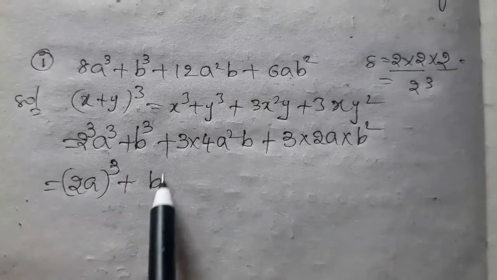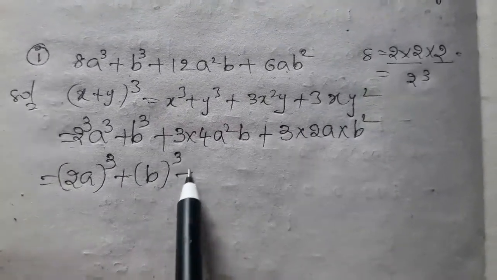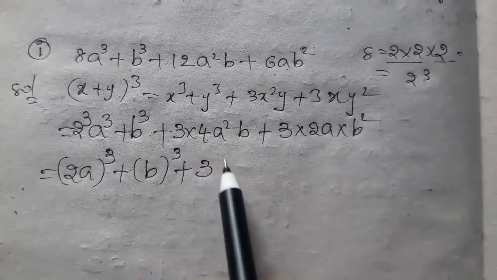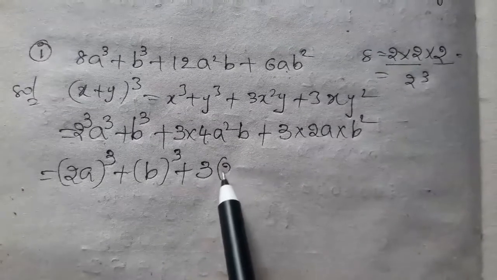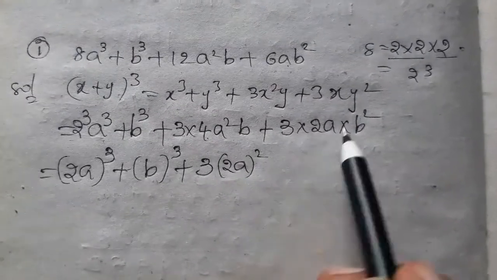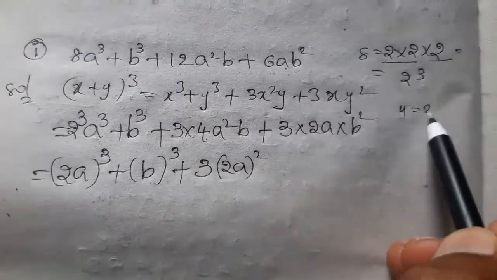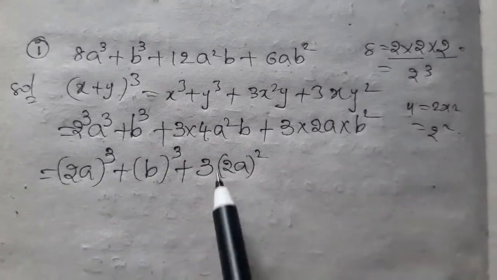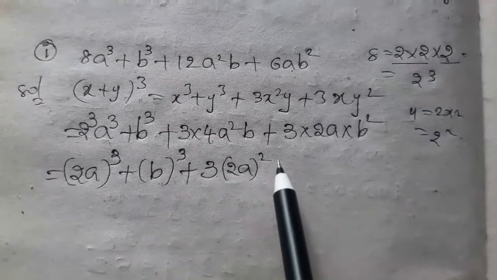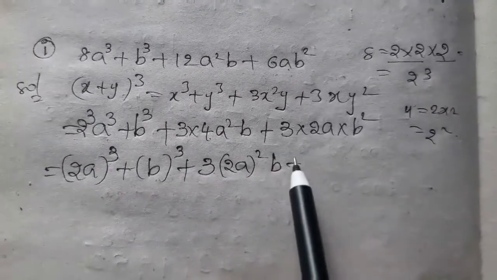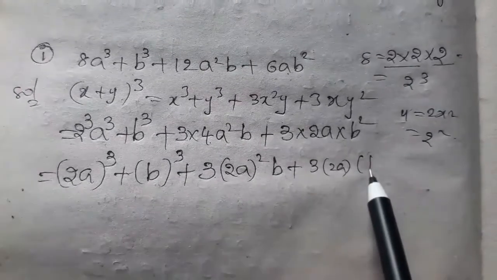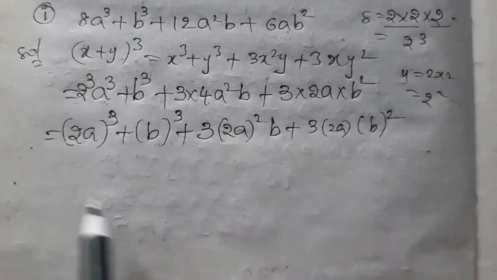Next, this can be written as b whole cube plus 3. You are taking it inside, so that's why 4 can be written as 2 into 2, that is 2 square, like this, understand? So 3 into (2a) whole square into b plus 3 into 2a into b whole square.